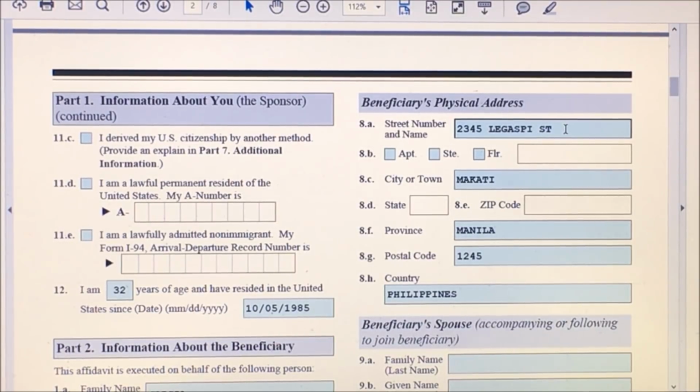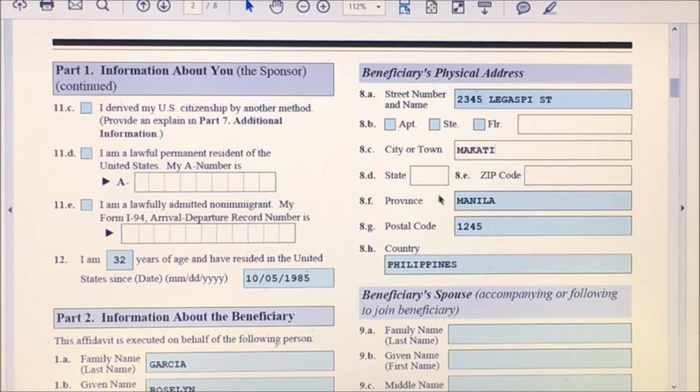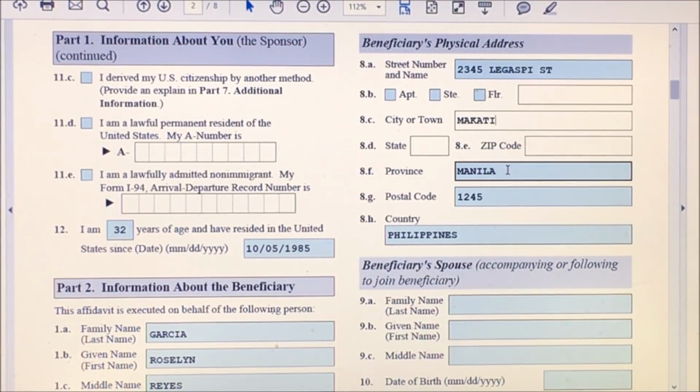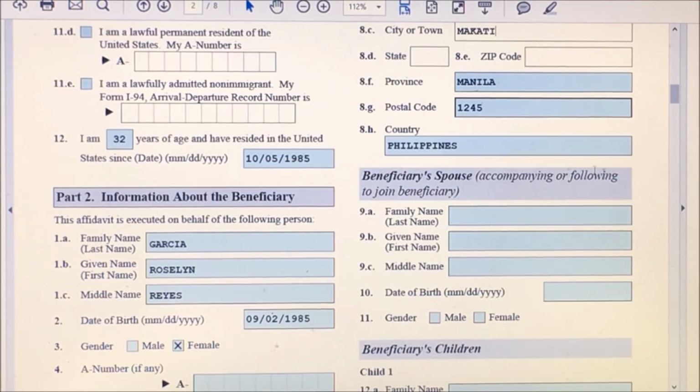So just type the street number here, if there is an apartment, the city and town, and then the state, just leave it blank. If you live in the Philippines, there's no state. There's no zip code also because we use postal code in the Philippines. Okay, so just leave it blank. So province, Manila, and then postal code, and then country, Philippines.